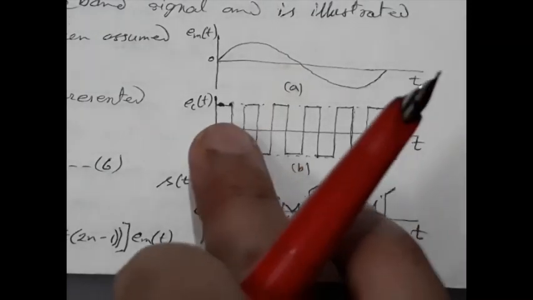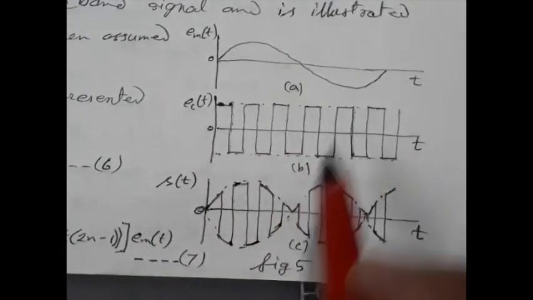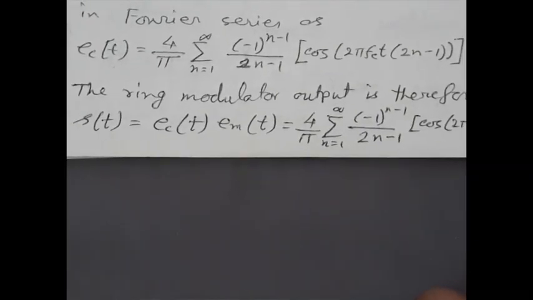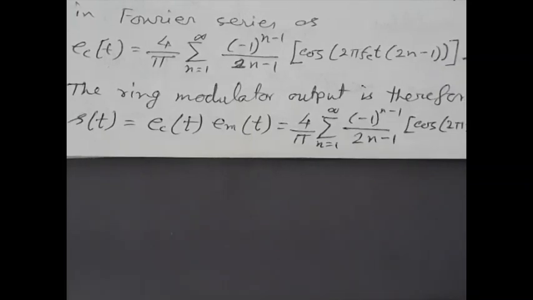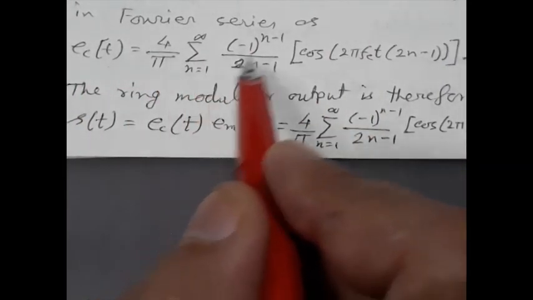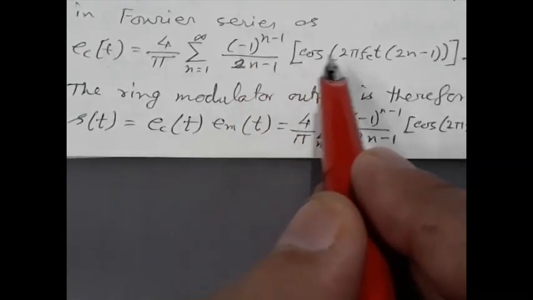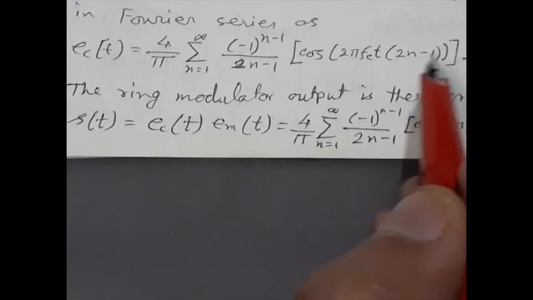Now since this is a periodic square function, we can express it in a Fourier series. So ECT is equal to 4 by pi summation of -1 to the power n minus 1 divided by 2n minus 1, cos 2 pi fct into 2n minus 1.